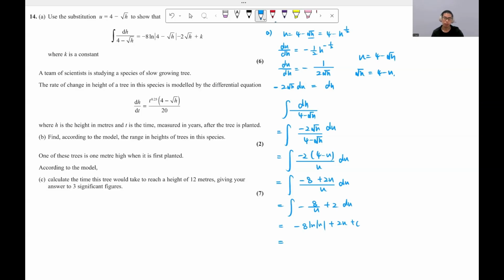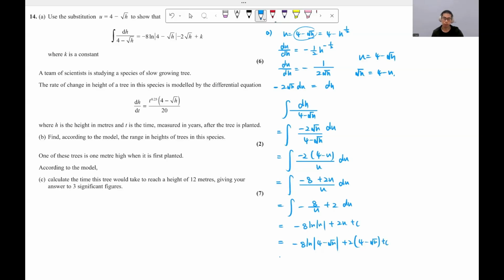And then we need to change everything back to h. Because u is equal to 4 minus root h, we just change everything back to 4 minus root h. That would be negative 8 ln of 4 minus root h, and then plus 2 times 4 minus root h, plus c.